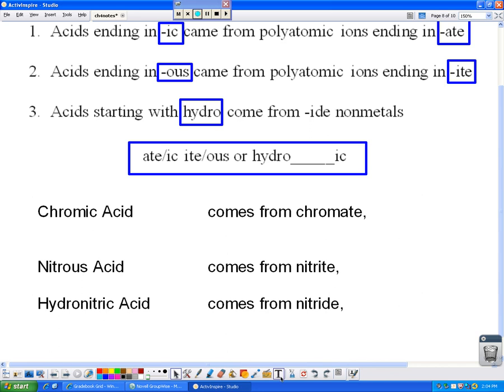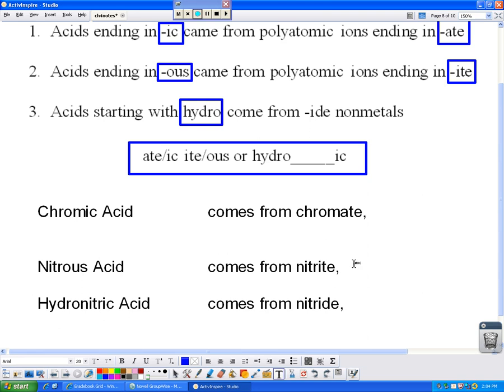So let's work these out here. Chromic acid. Chromic would really come from chromate. So we write down chromate, CrO4, and it has a -2 charge. And since hydrogen has to come first, and hydrogen is a +1, these don't balance each other out yet.